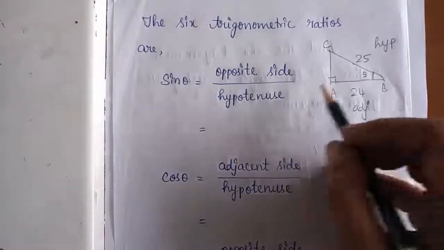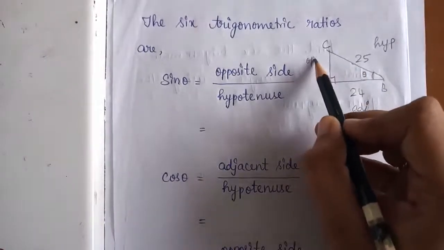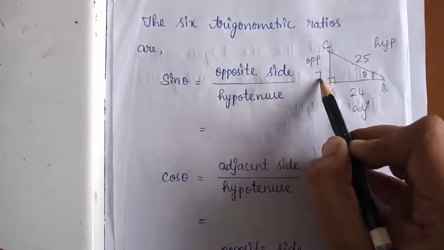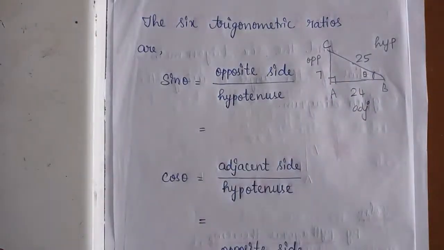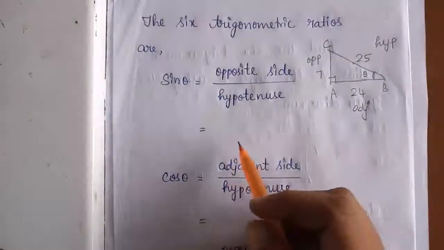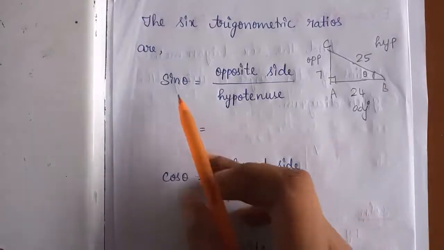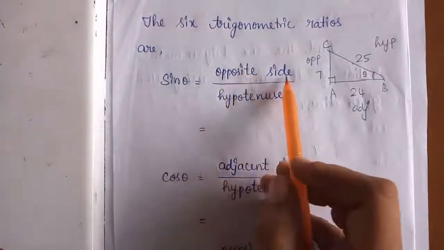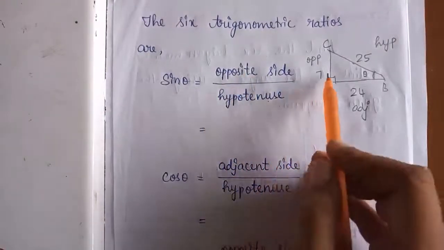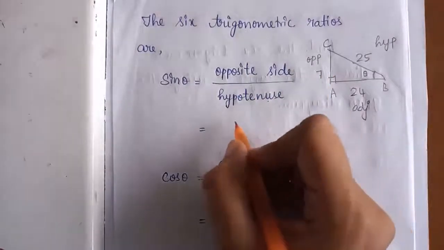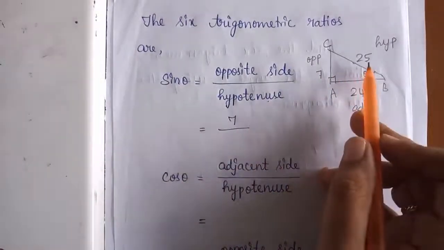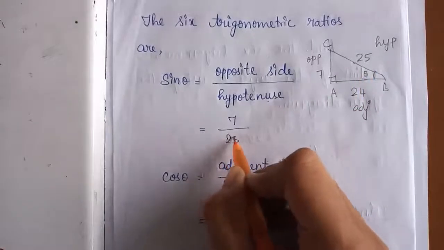This is your theta and your opposite side is given in the question, 7. So by using this figure you have to find the trigonometric ratios. So sin theta is equal to opposite side by hypotenuse. So opposite is 7, 7 by hypotenuse is 25.